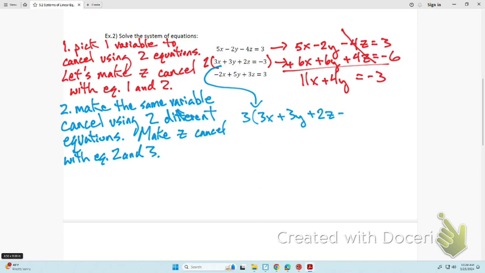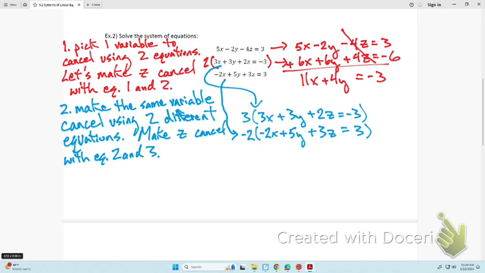Then I'm going to take the third equation and multiply by -2. And you'll see why in just a moment, if you don't see why yet.